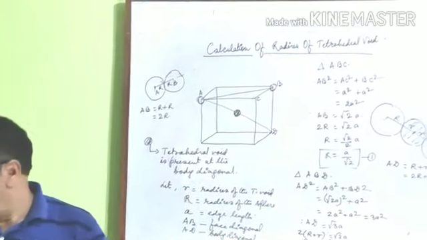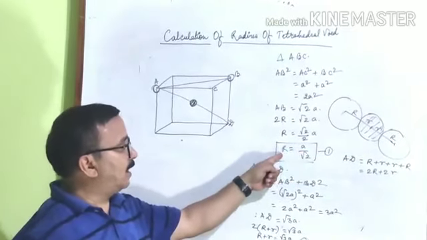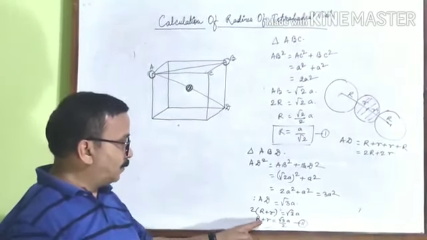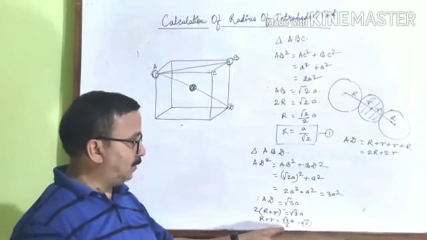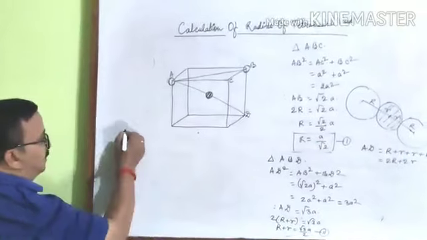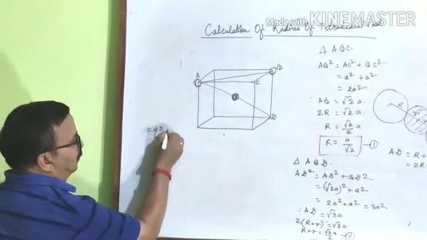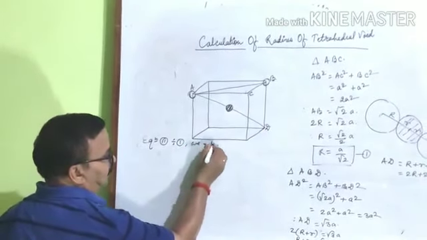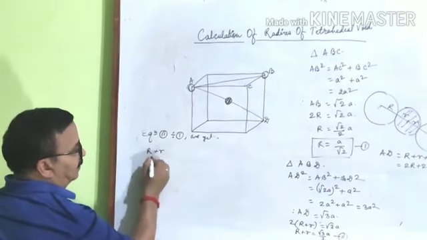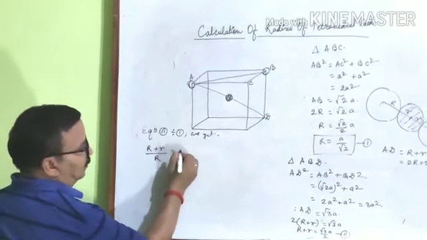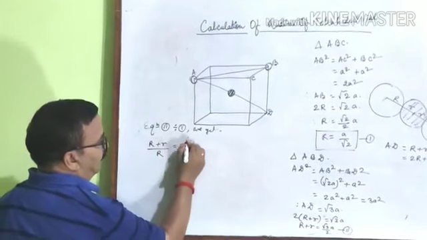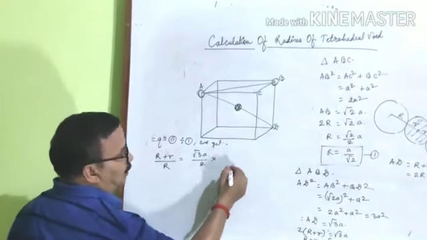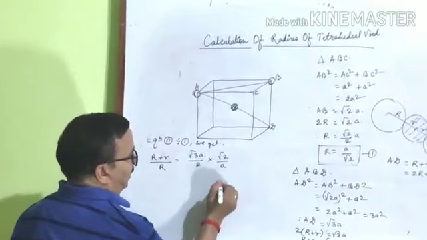Now in the first equation R is equal to a by root 2, and in the second equation R plus r is equal to root 3 a by 2. So dividing equation 2 by equation 1, we get R plus r divided by R is equal to root 3 a by 2 into root 2 divided by a.